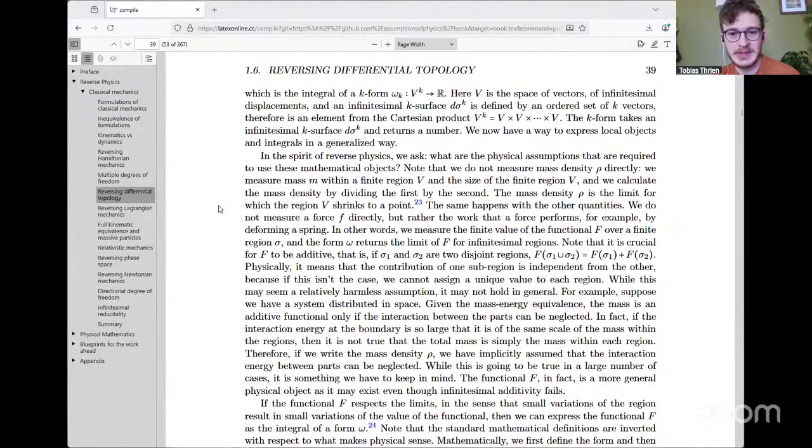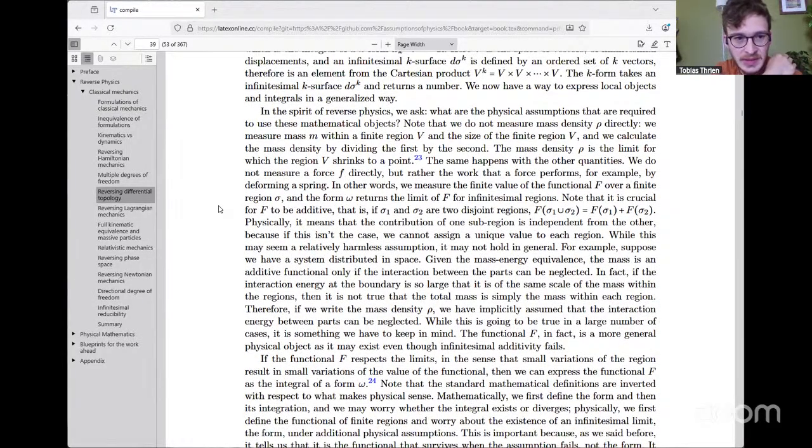The same happens with other quantities. We do not measure force directly, but rather the work that a force performs, for example, by deforming a spring. In other words, we measure the finite value of the functional f over a finite region sigma, and the form omega returns the limit of f for infinitesimal regions.